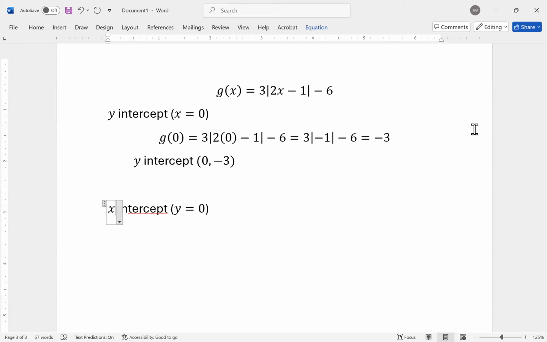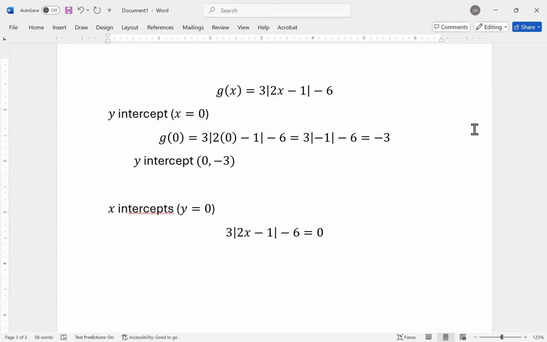To find the x-intercept, or technically this is going to have multiple, so we're going to have x-intercepts, we plug in the y value or the output value as 0. Again, I like to put 0 on the right-hand side, so I'm going to write 3 times the absolute value of quantity 2x minus 1, and then minus 6 is equal to 0.